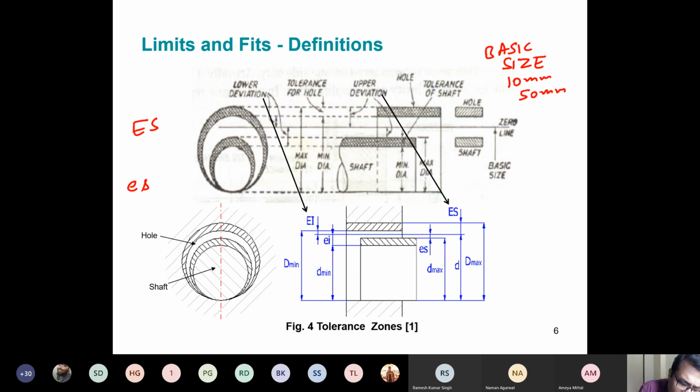If you see the upper deviation is this from the zero line. For hole, all the dimensions are capital letters, and for shaft you use small letters.